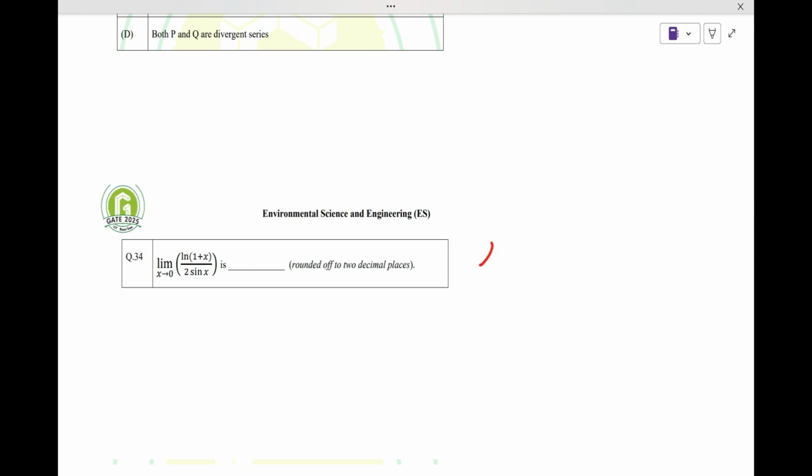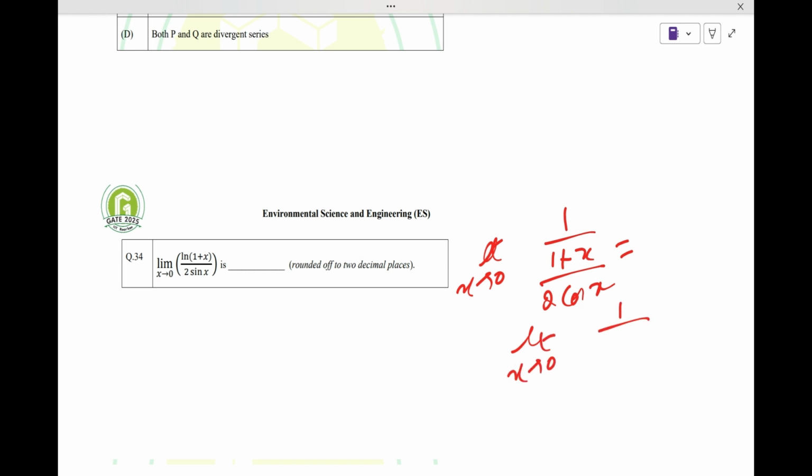The limit as x approaches 0, log derivative is 1 by 1 plus x upon 2, sine derivative is cos x. So we can write it as limit x approaches 0 of 1 by 2 cos x into 1 plus x.